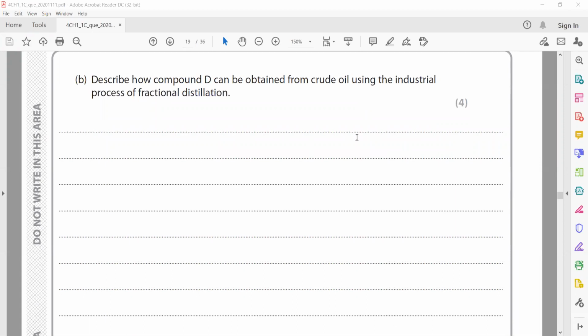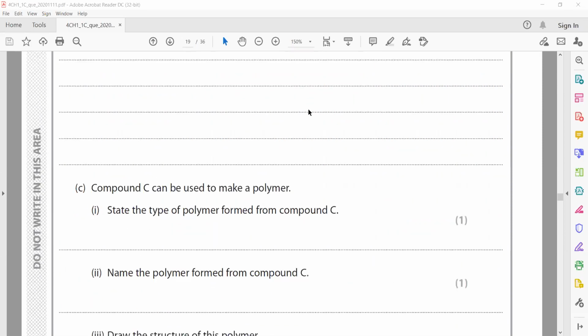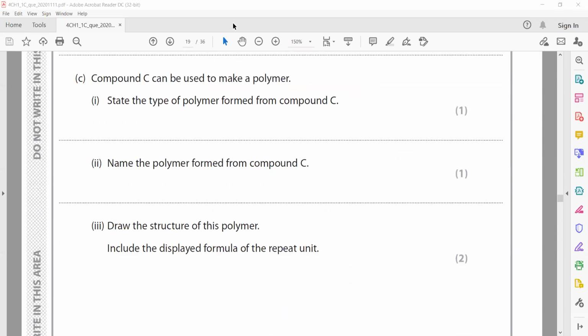The boiling point depends on the number of carbon atoms in the molecule. So C3H8 will have a low boiling point as it has fewer carbons, so it will be collected at the top of the furnace.